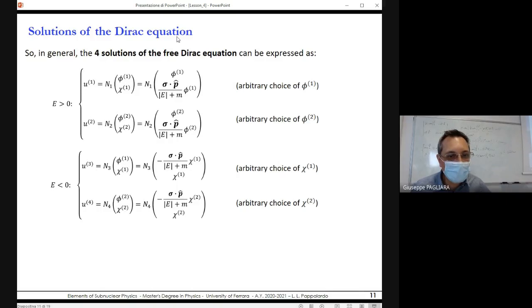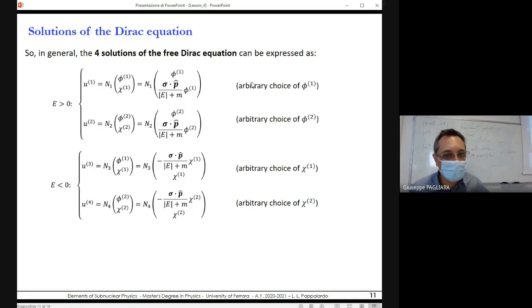So in general, let me write down the full expression of this solution. Again, 2 of those correspond to positive energy. The other 2 correspond to negative energy. So we have U1, U2, U3, U4. Each of these is split into a 2-component upper and lower spinor. And now we substitute the solution that we found before.